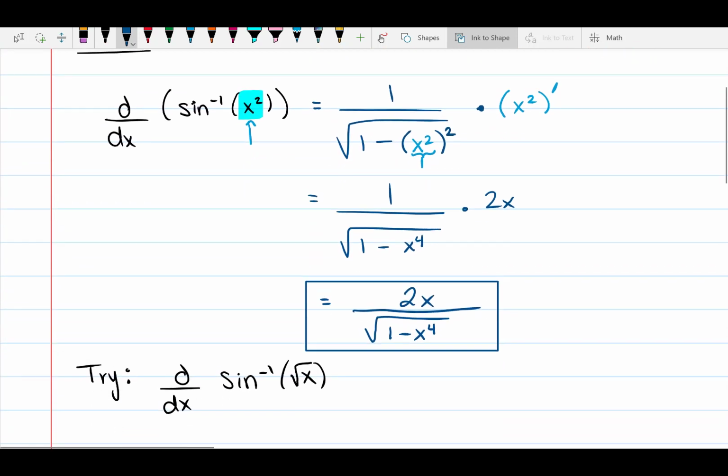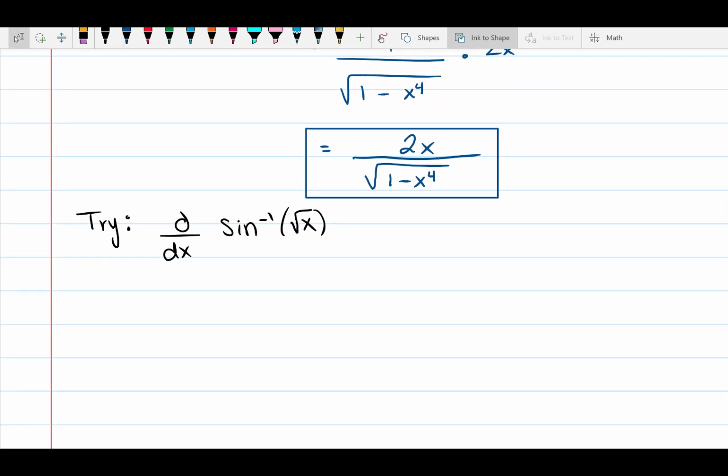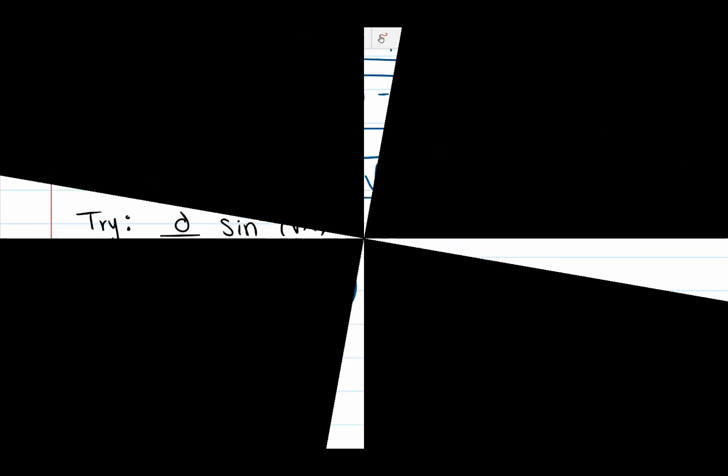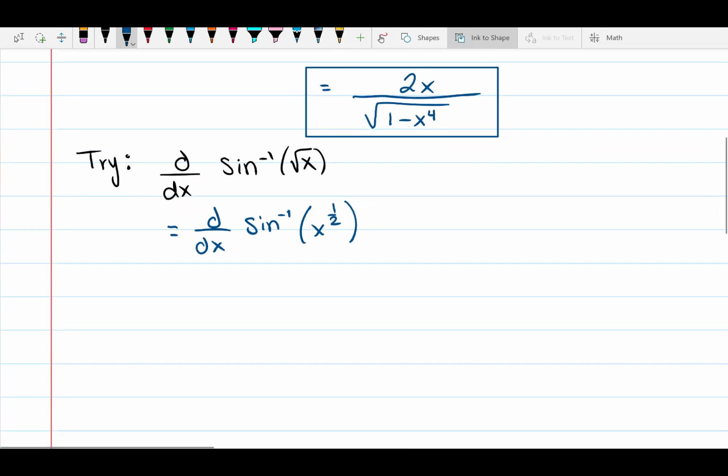Okay, so now I want you guys to try this one on your own. The derivative of sine inverse of the square root of x. So right now, take a minute and try to take the derivative. My hint is to rewrite this as d/dx of sine inverse of x to the 1/2. That might help a little more. Alright, so now let's take the derivative.